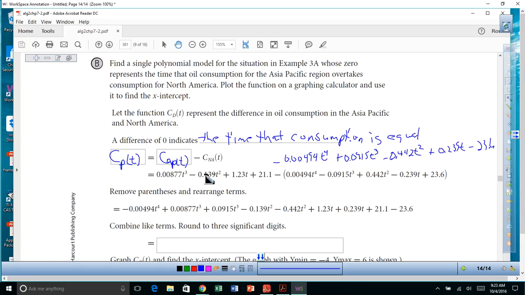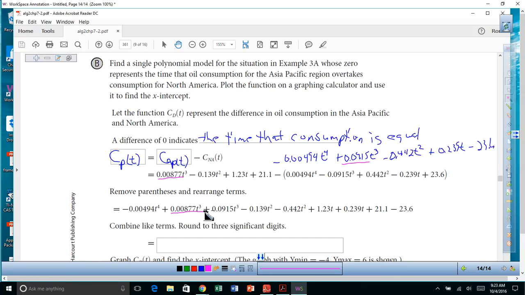So we got a t to the 4, so that's going to start off negative 0.00494 t to the 4 plus, and then we got t to the third and t to the third. So we're going to add those two there.